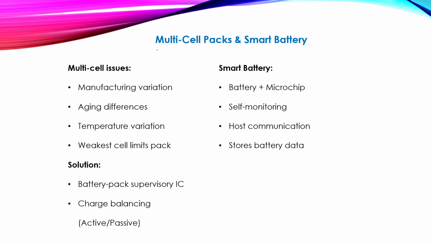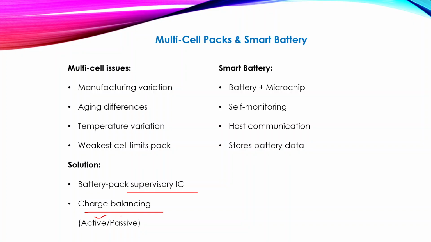Due to manufacturing or aging differences, imbalance occurs. Right? The weakest cell determines the overall performance of the battery. So to solve this, supervisory ICs and charge balancing circuits are used.